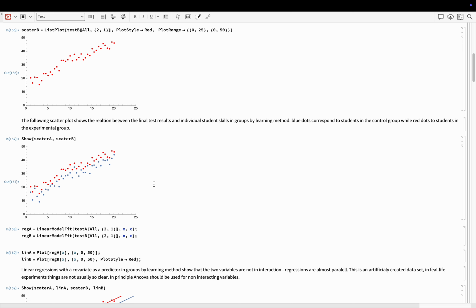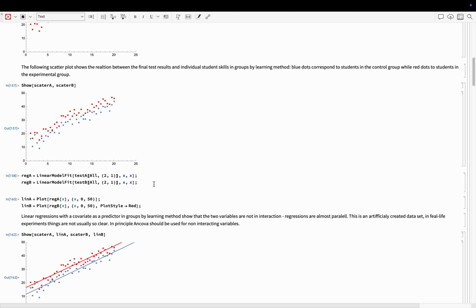However, the red dots refer to the experimental group and the blue dots refer to the control group, and they are a little bit translated with respect to each other. So just looking at the picture, we see that probably the experimental group did a little bit better during the exam.